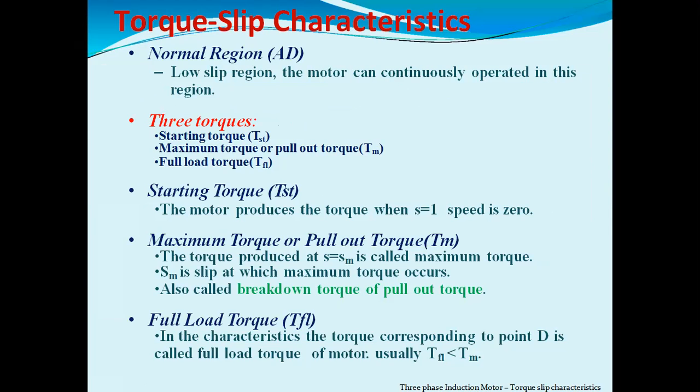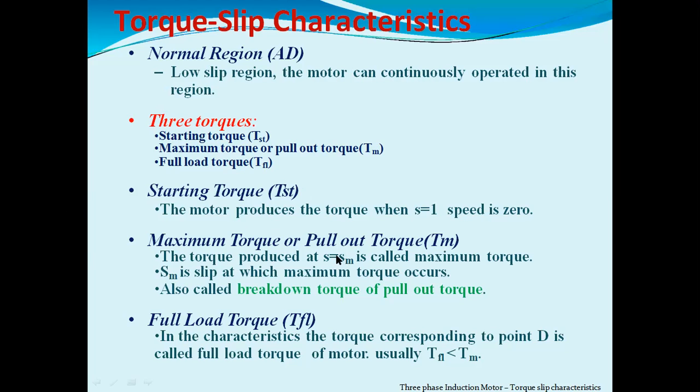So we have the torque equations for starting torque. You get the starting torque when S, which is slip, equals 1. When the starting speed of the rotor is 0, S equals 1, the motor will rotate and you get a value of torque. That torque we call the starting torque.